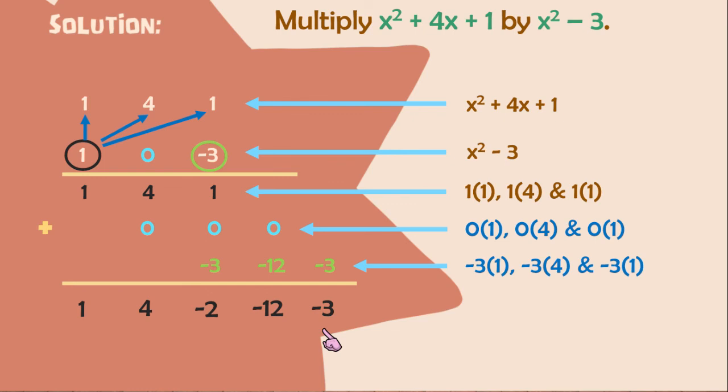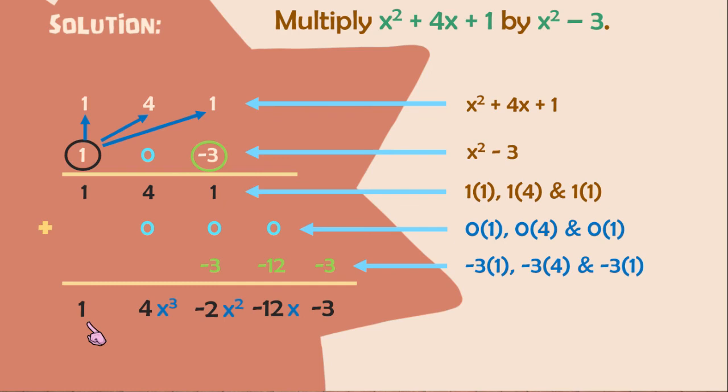So let's now write the complete terms of the product. So negative 3 here is the constant term. Therefore, negative 12 is the coefficient of the x term. So we can now write x here. Negative 2 is the coefficient of the x squared term. So we write x squared here. 4 is the coefficient of the x cubed term.